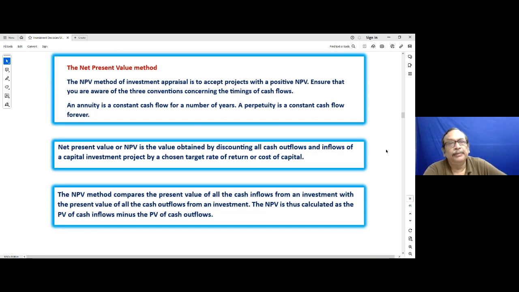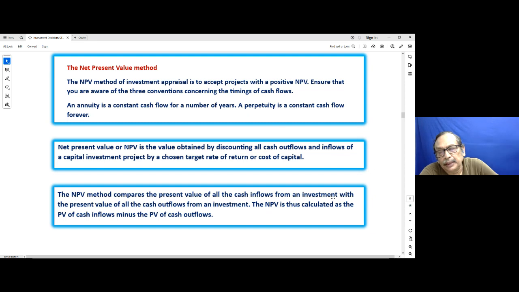Now we have the net present value method. The NPV method of investment appraisal is to accept projects with a positive NPV. So if any project has a positive NPV, that is net present value, we are going to accept it. Now the timing of cash flows, that is cash inflows, is very important in the context of the net present value method.